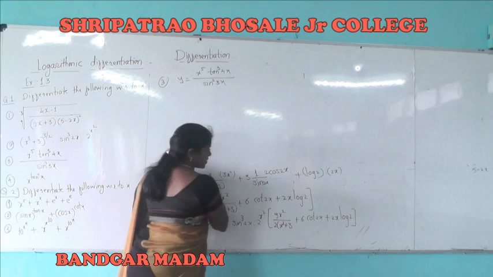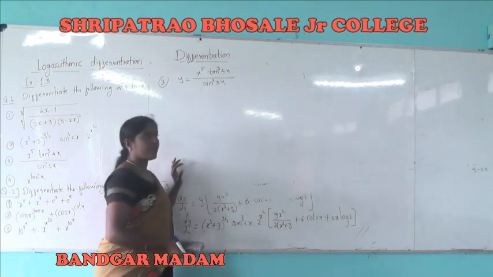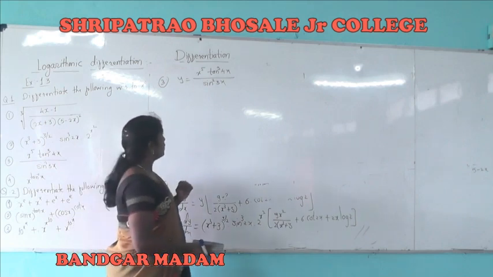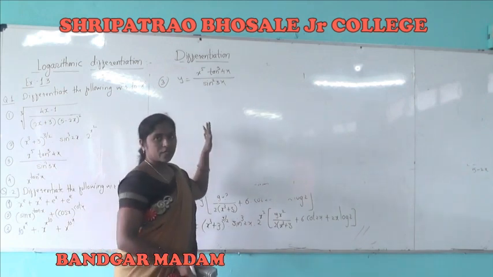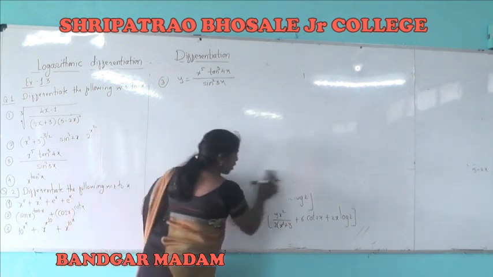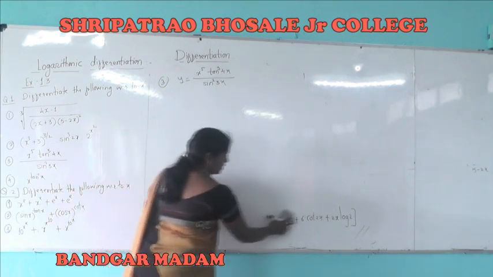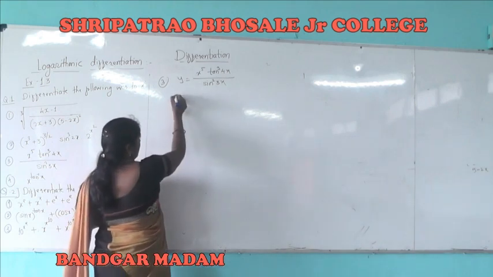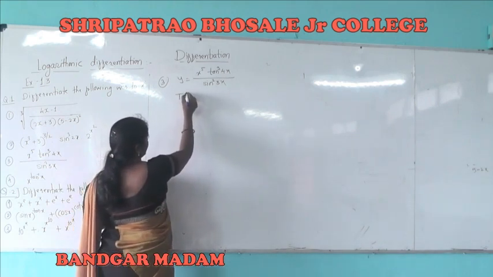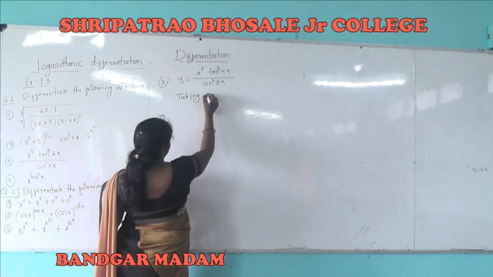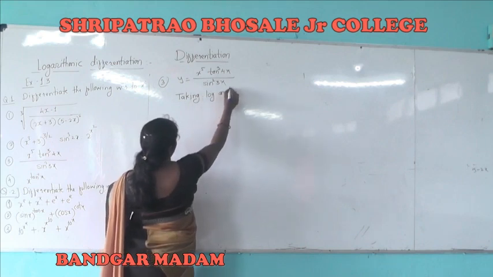Now this is a quotient form of a number of functions. y is of a by b form, so we have to first of all take logarithm to split the quotient form. Log of a by b will be log a minus log b. So for simplification we will take log on both sides.